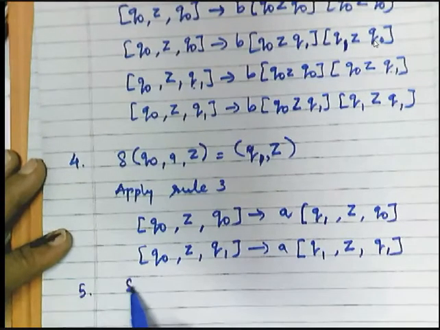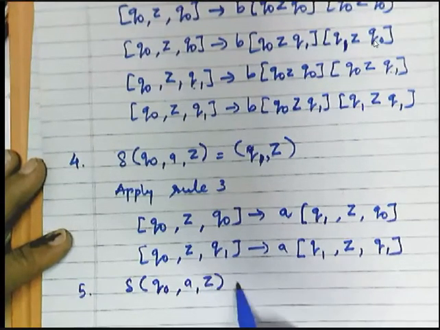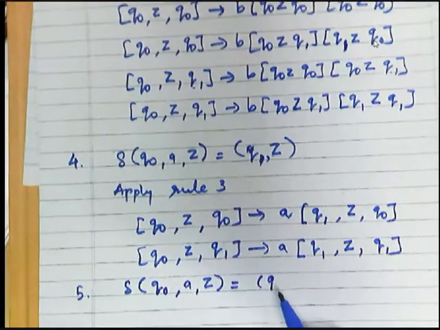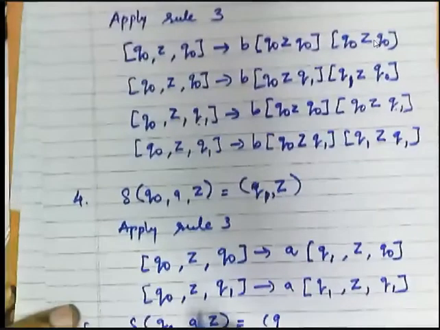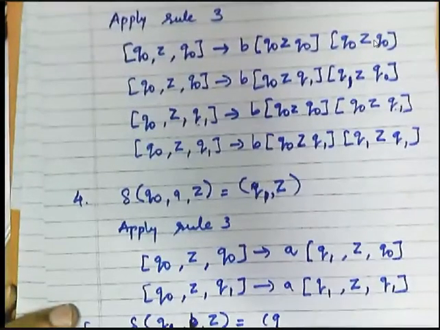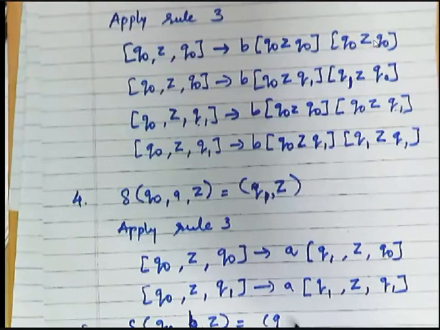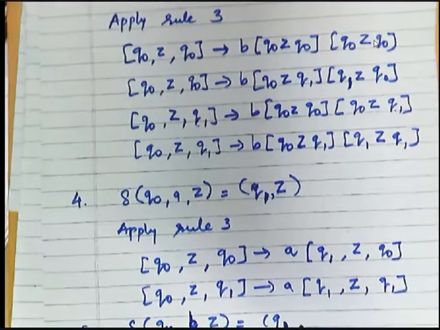Now the fifth delta function will be producing the following grammar, that is Q0 A comma Z is equal to, sorry, it is Q1 B Z is equal to Q1 comma empty.